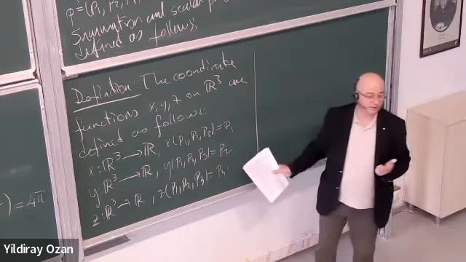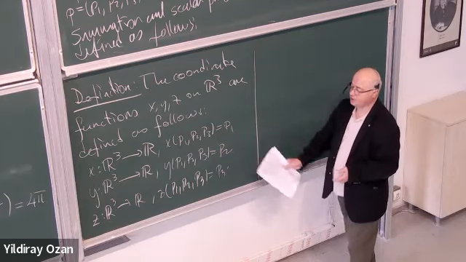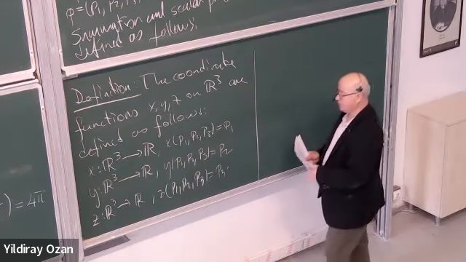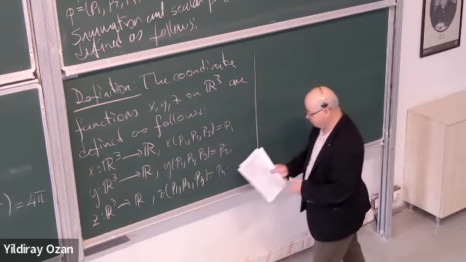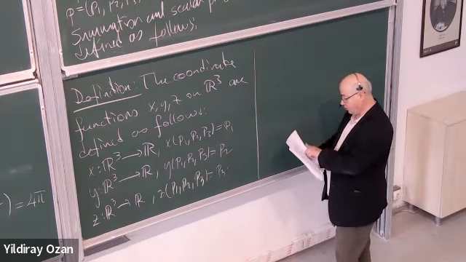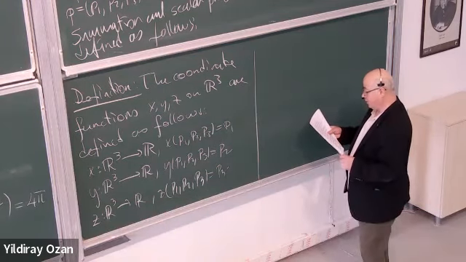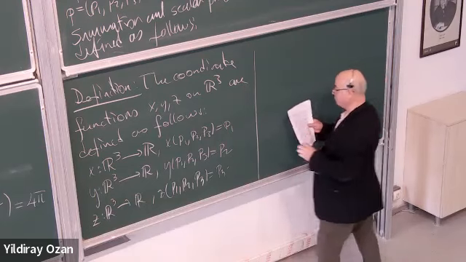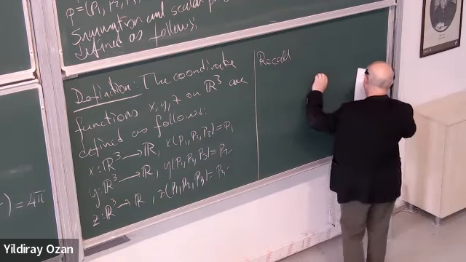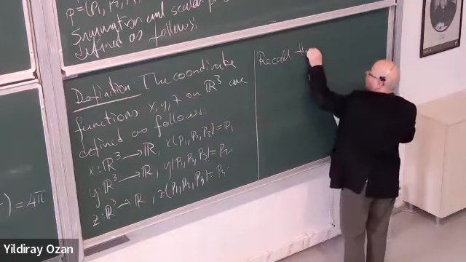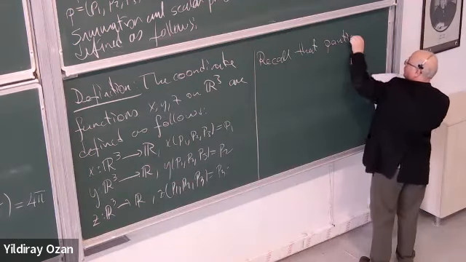The value of the y coordinate function is the second entry, and the z coordinate of the triple is just the third entry of the triple. Okay. Now, recall that we have so-called partial derivatives.